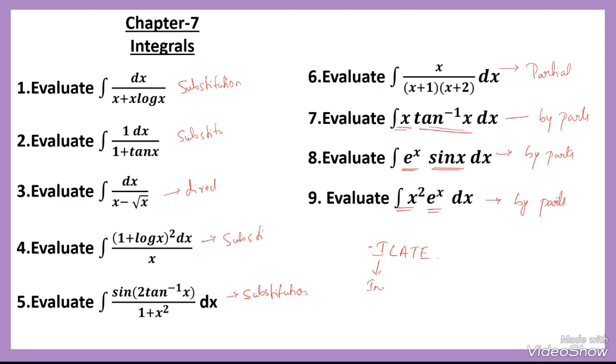I means inverse trigonometry, L means logarithmic, A means algebraic, T means trigonometric, E means exponential. Based on these, we have to give first priority always to inverse functions, then logarithmic functions, algebraic functions, trigonometric functions, and exponential functions.